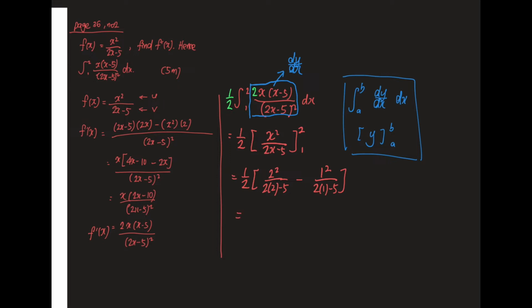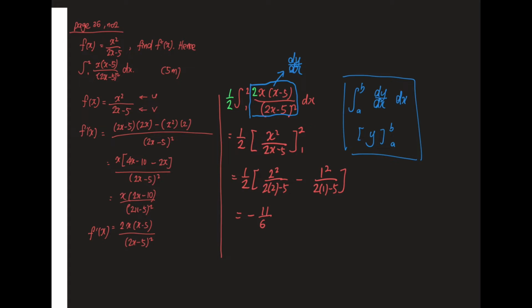Then we press the calculator. What we get is 4 over negative 1 minus 1 over negative 3, divided by 2. So we get negative 11 over 6. That is the final answer. Now let's check to make sure this answer is correct. Yes, this is correct. That is how we handle the reverse of differentiation.